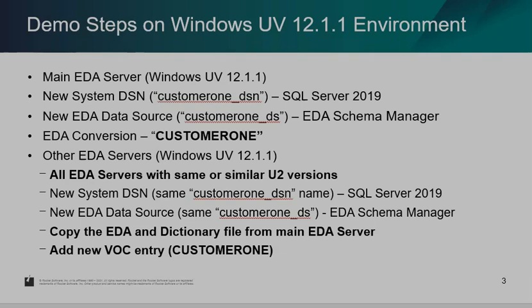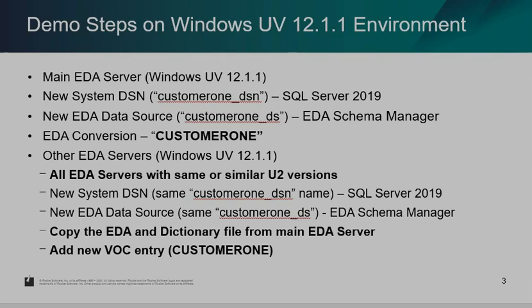The second is the EDA data source name, which must be the same as on the main EDA server, because the EDA file only recognizes the same EDA data source name. So the name is the same, customer1_DS.